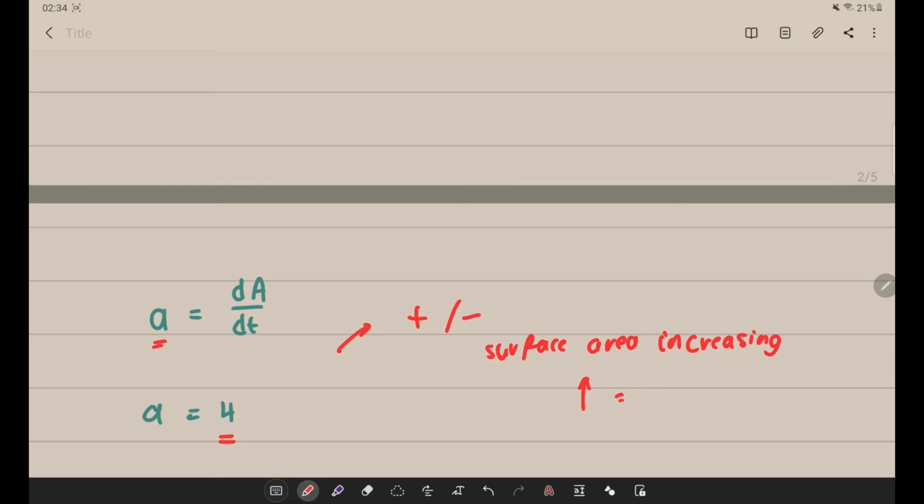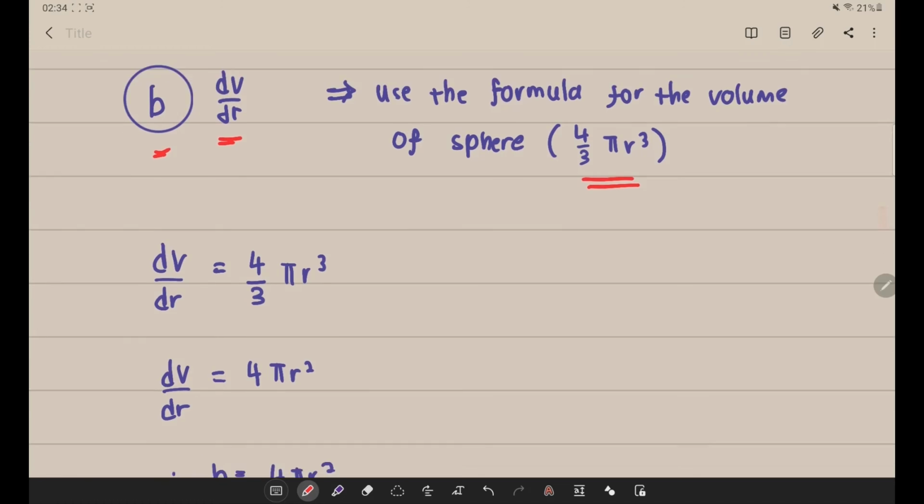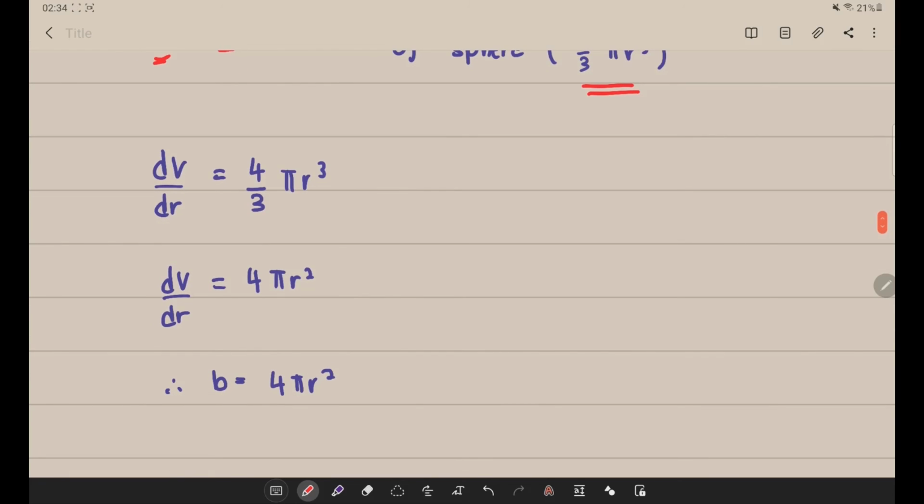Therefore, it is positive. We look at B, which is dV over dr. To find dV over dr, we use the formula for the volume of a sphere, which is 4 over 3 pi r cubed. We differentiate it and get 4 pi r squared. Therefore, B is 4 pi r squared.